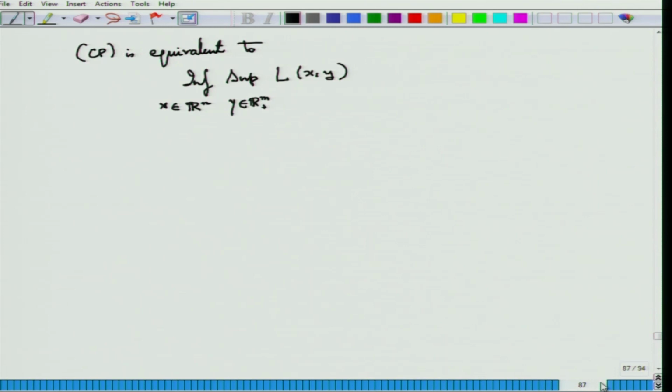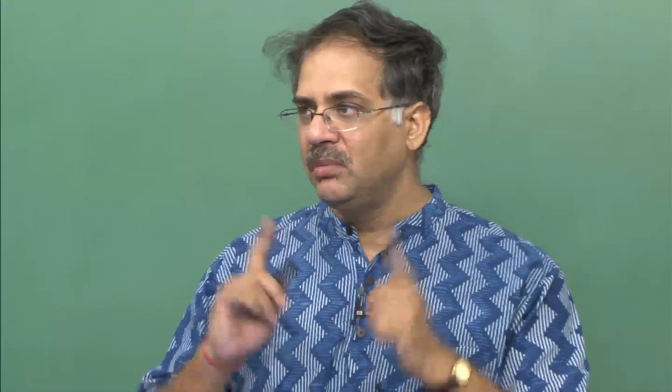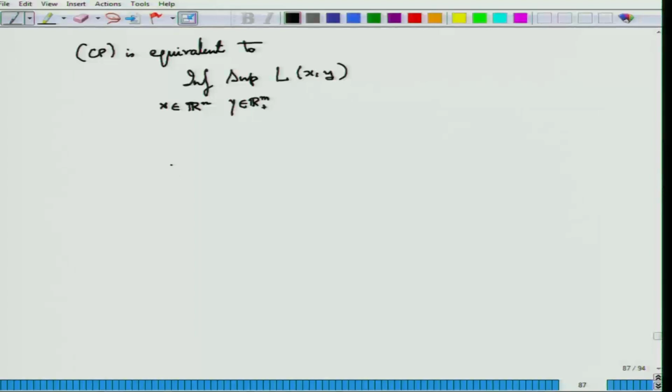Now, you might question, okay, going back to the min max problem and max min problem, remembering what player 2 does, is there any problem which I can set like this, where I change the position, sup over y?